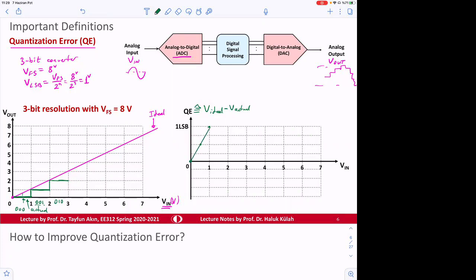There is going to be this much mistake during the transition or conversion. Again, when it goes here, it's going to be a nicely selected value, but then you will see again a mistake. Okay, so there's going to be an error. Ideal output and actual output are going to be different from each other.